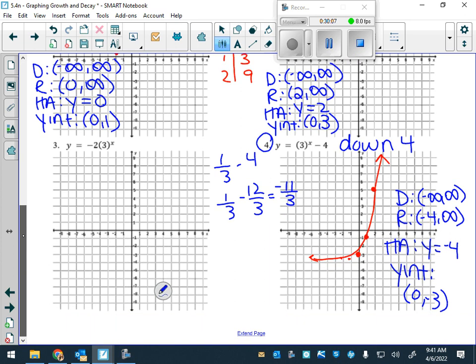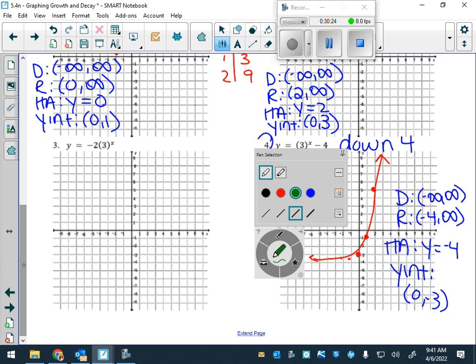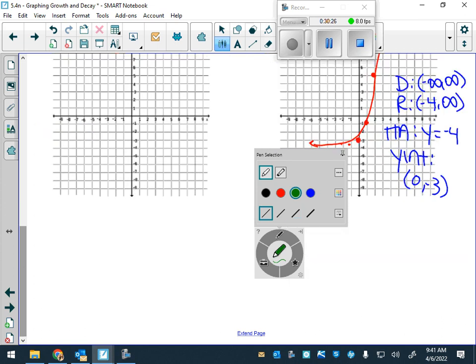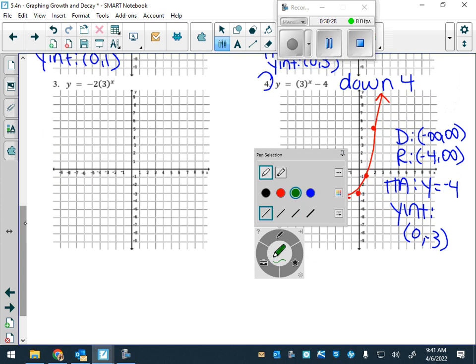Okay, number 3. We have y equals -2 times 3 to the x. Okay, -2 times 3 to the x. So what is happening here? What are two things happening?